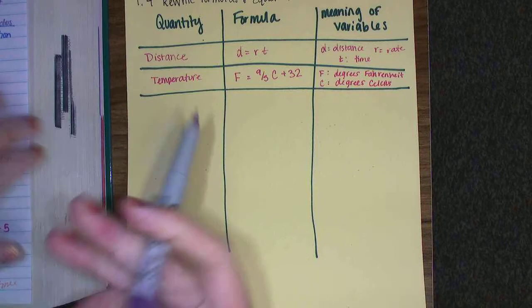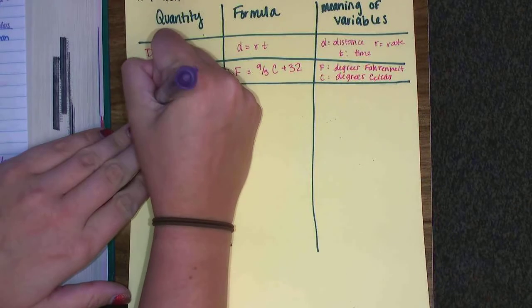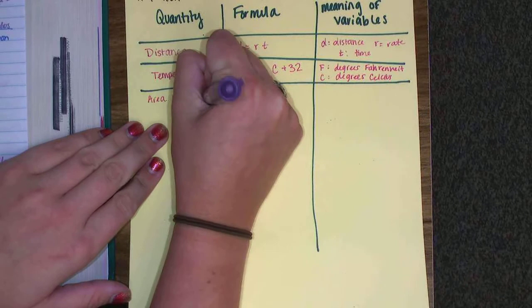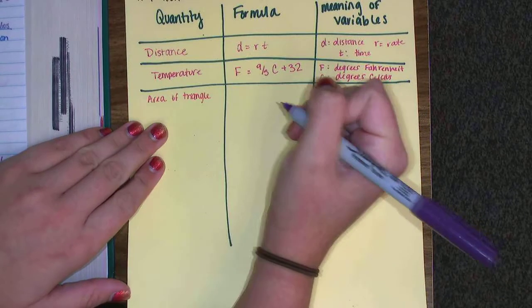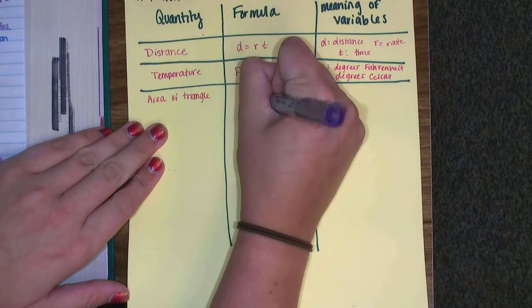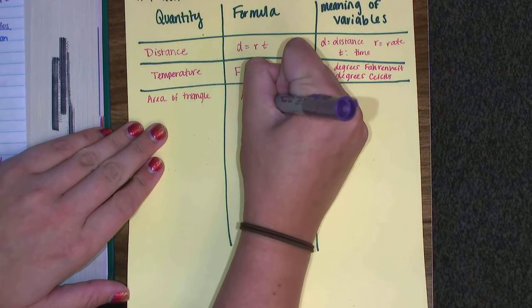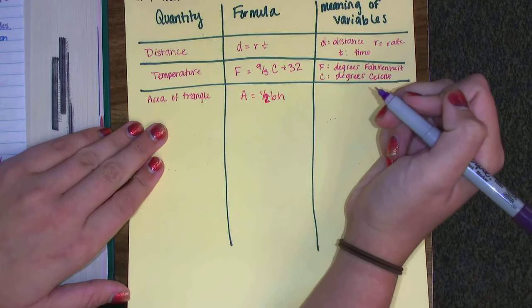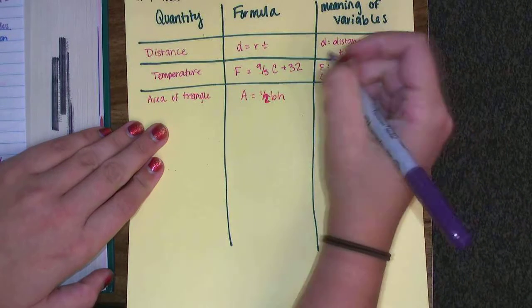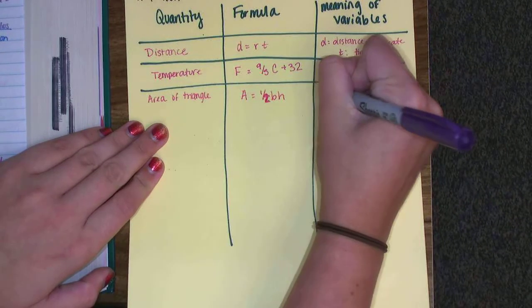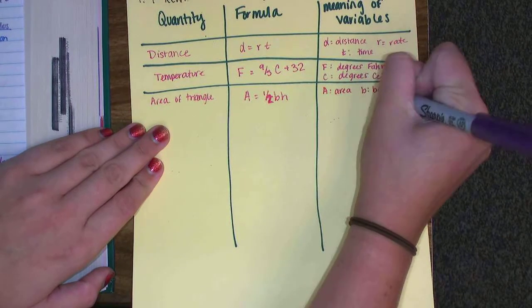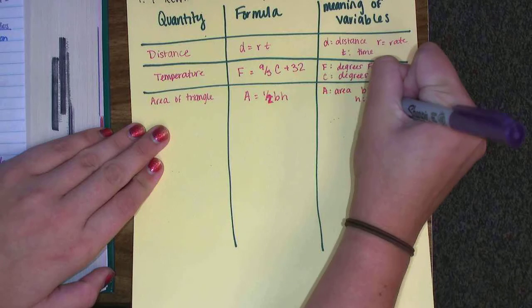Next is area of a triangle. This is A is equal to 1/2 base times height, or BH, I should say, where A is area, B is the base, and H is the height.